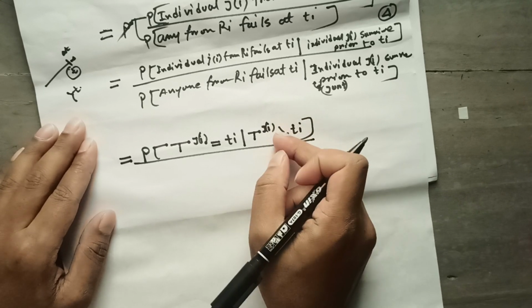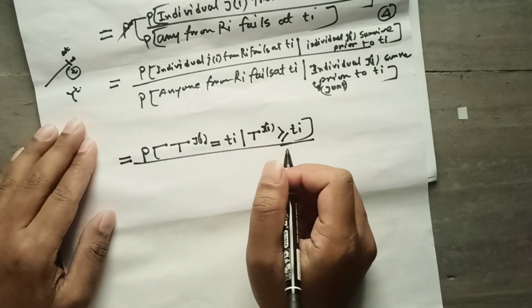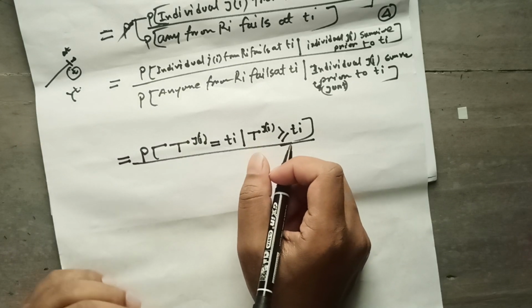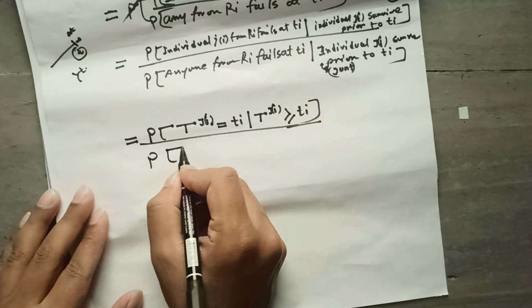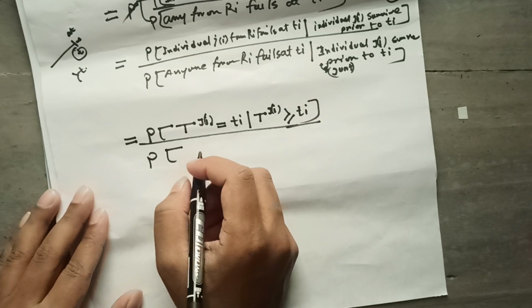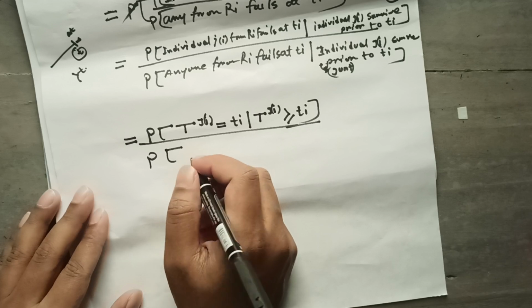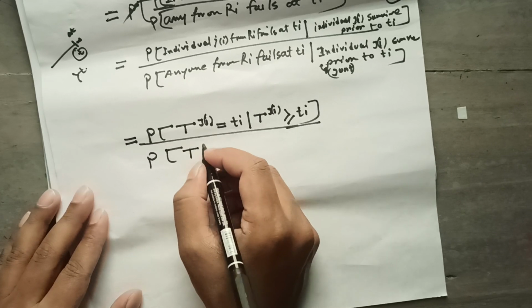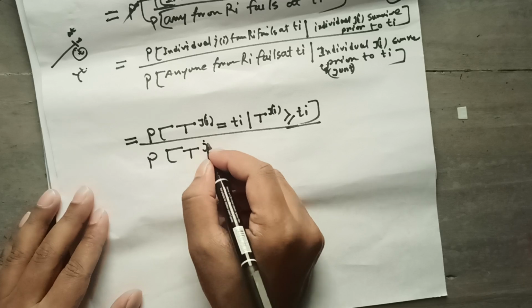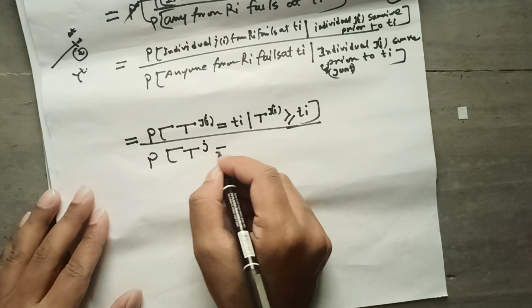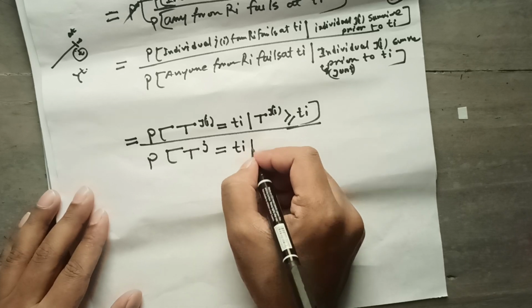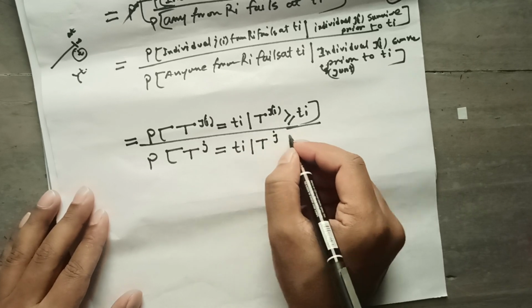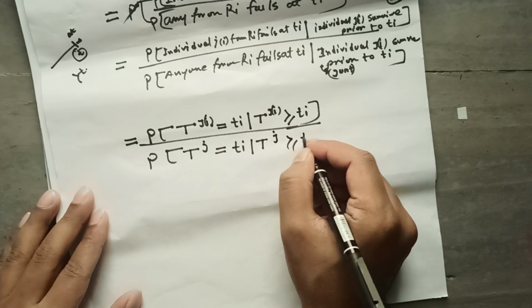But you have to remember this is not too much prior, just prior to Ti. And then the next one is the probability of Tj equal to Ti, given Tj greater than or equal to Ti.